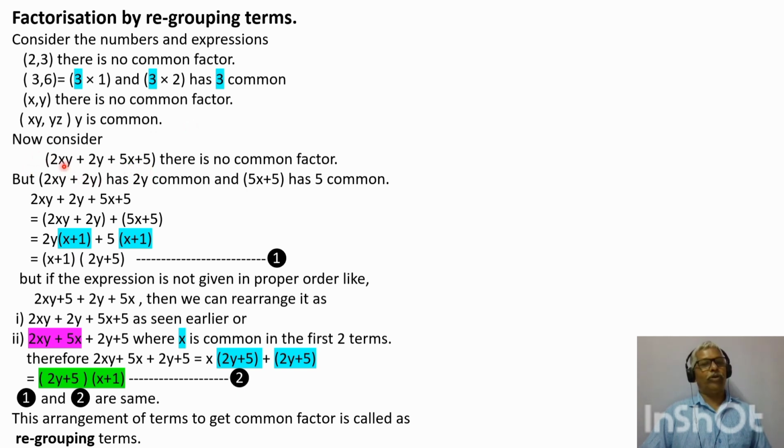expression. Study this very carefully, listen very carefully, then only you will come to know what regrouping is. Try to remember this word, regrouping, every time you are studying. Now consider 2xy plus 2y plus 5x plus 5.